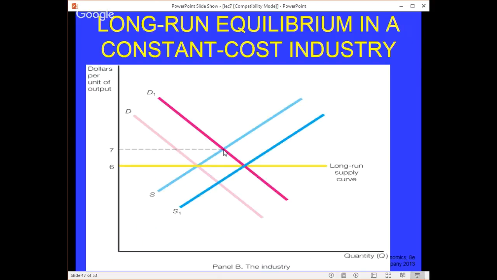And what happens when firms see that? They enter the market. Supply shifts out and to the right. And right here, the new demand equals the new supply at the old price of 6. In other words, each firm's producing 5, just like they did before at the price of 6, but now there are more firms. So you get more total output in the industry.